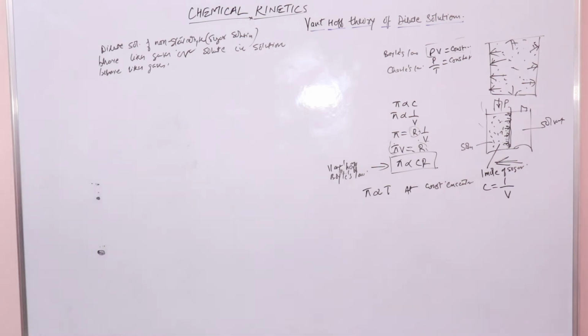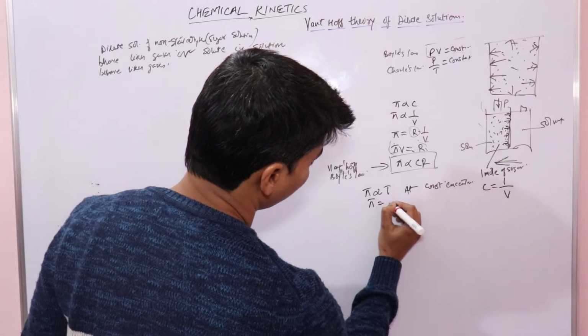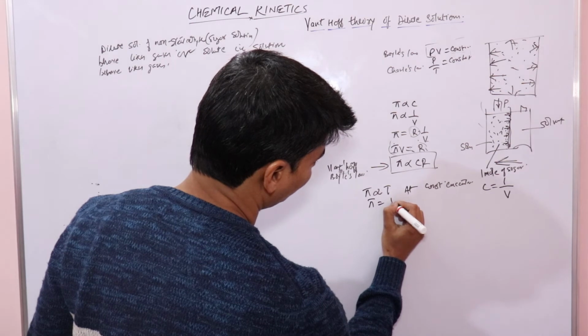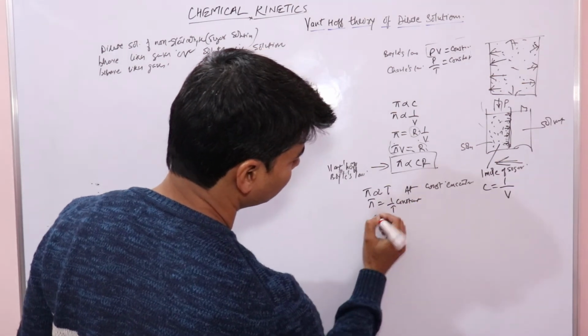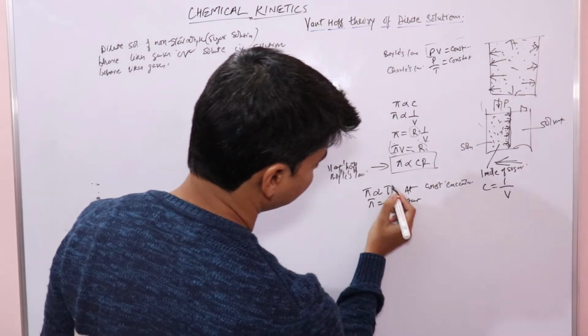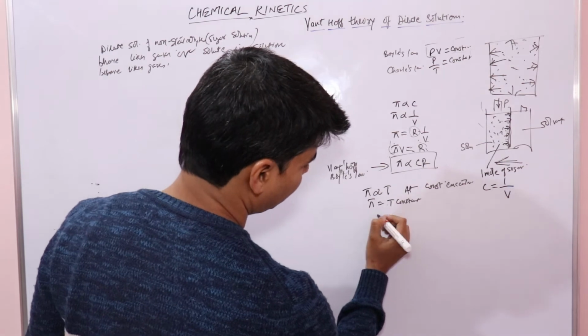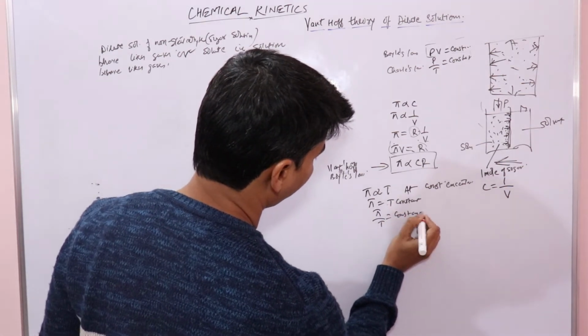So if we compare the two, I can write pi is directly proportional to T. If I remove proportionality, I put a constant. So pi upon T is equal to a constant.